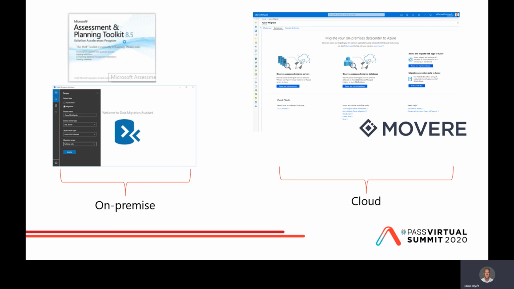Great. Now there's also another part here, and that is the Data Migration Assistant. That is the tool that's going to help us evaluate different target platforms. So now we know what we have, we know how it's being used, and we also get data on what would be a perfect target platform for my workloads.